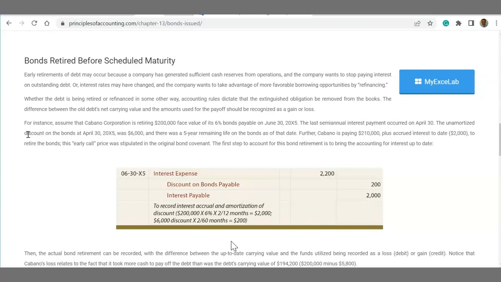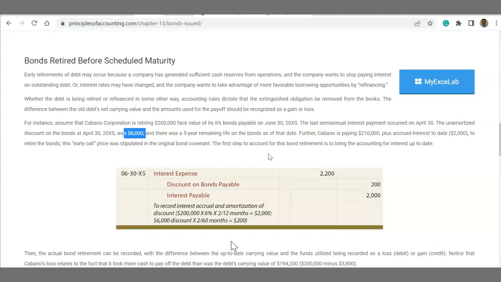So we have an unamortized discount still left with a $6,000 balance. Further, Cabano is paying $210,000 plus accrued interest to date, which is $2,000, to retire the bonds. This early call price was stipulated in the original bond covenant.